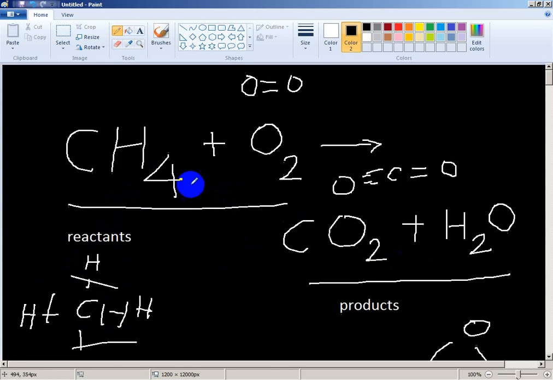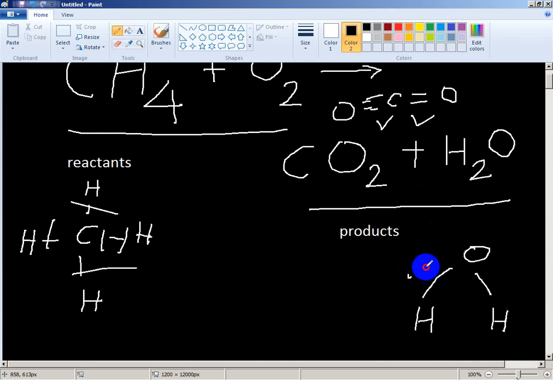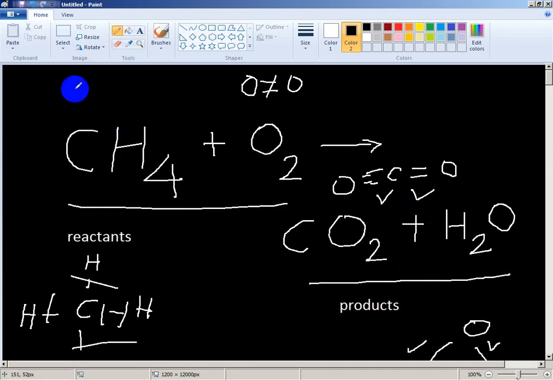All bonds contain energy. Product bonds are formed during the reaction.